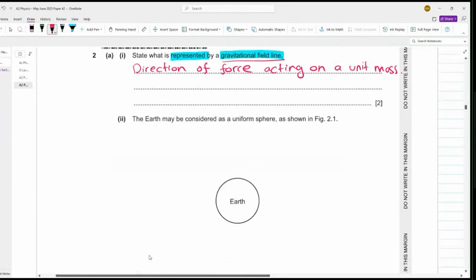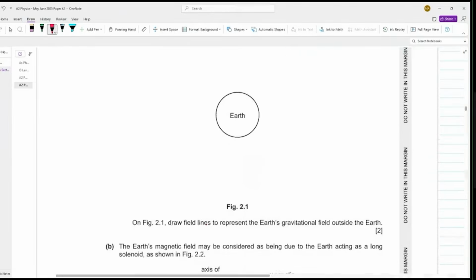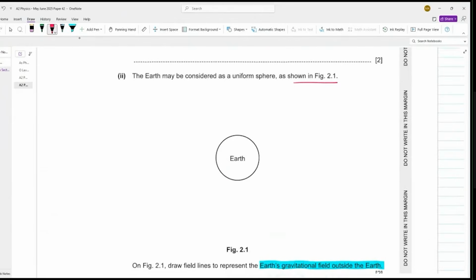The earth may be considered to be a uniform sphere as shown in figure 2.1. Okay, so this is the earth. On figure 2.1, draw field lines to represent the earth's gravitational field outside the earth. How do we draw the gravitational field lines of earth?